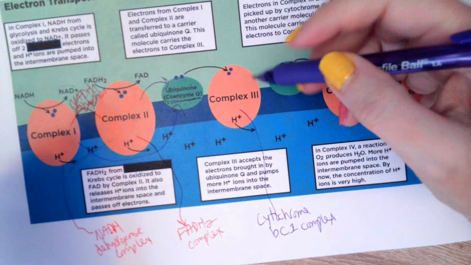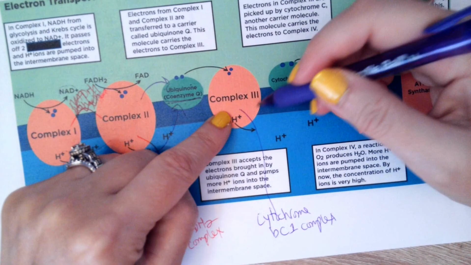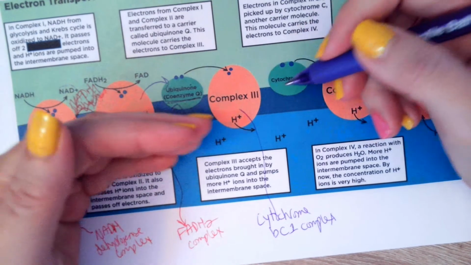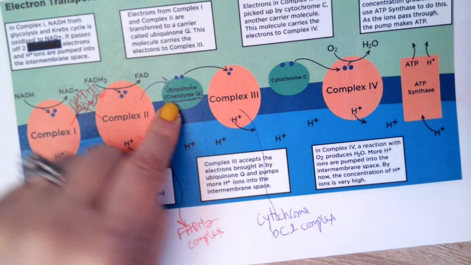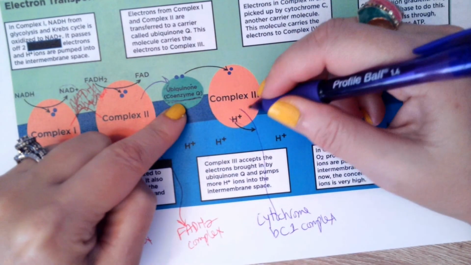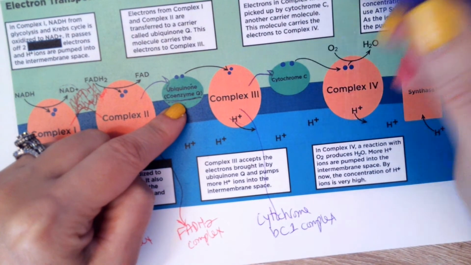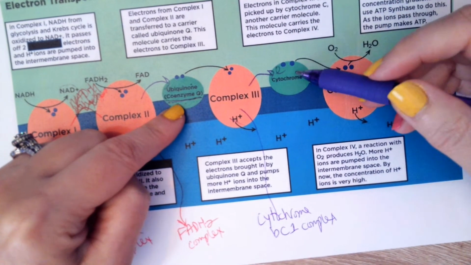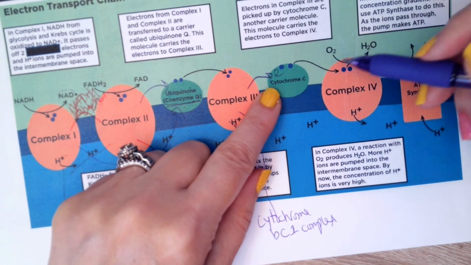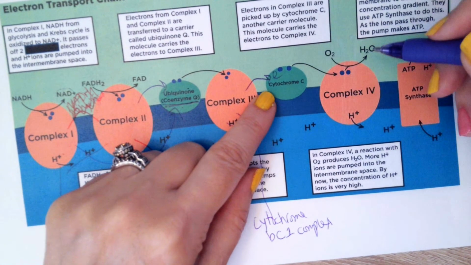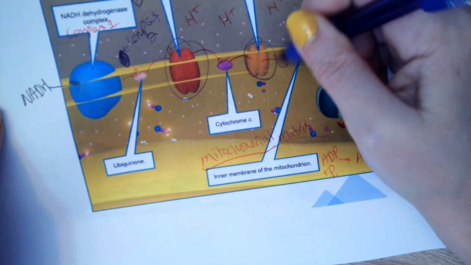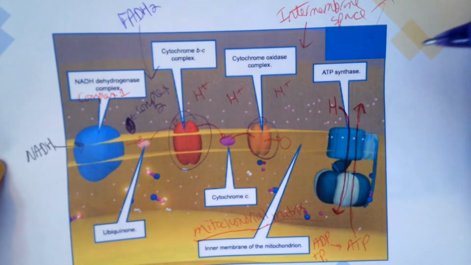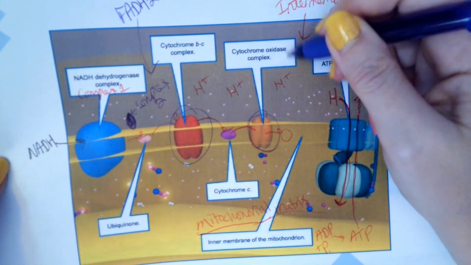Okay. So that is accepting the electrons. It's taking the electrons from ubiquinone, more hydrogens going into the intermembrane space, and the electrons, meanwhile, are being used to reduce cytochrome C. Now, once cytochrome C has been reduced, then it will be oxidized. And here in complex 4, so this is just where we have this situation, cytochrome oxidase complex.